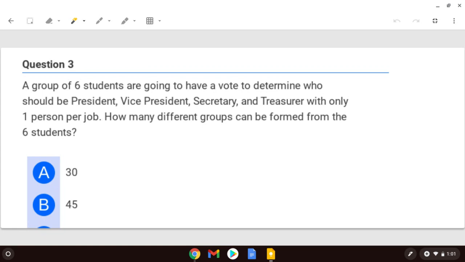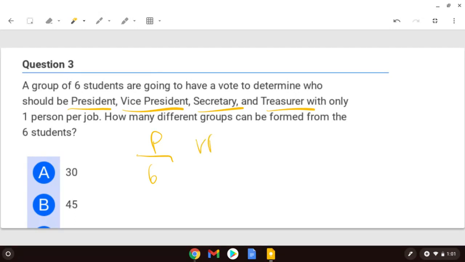Okay, question 3. You've got 6 people, and they have to decide who's going to be president, vice president, secretary, treasurer, and all that stuff. So basically you have 4 positions down here, but you have 6 people to fill those jobs, and they want to know how many different combinations there can be. For president, there are 6 possible people for that job.